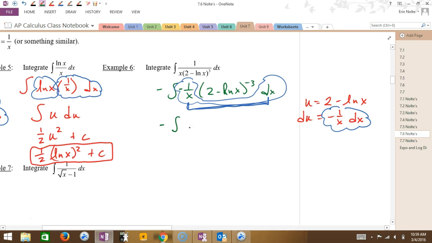Okay, so what's my substitution part? U to the -3 du. What? Are we still stuck on the negative? Okay, so the original did not have a negative, right? You get that the original did not have a negative? Pull the negative out, shouldn't the dx be negative?